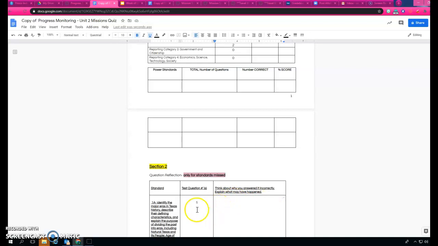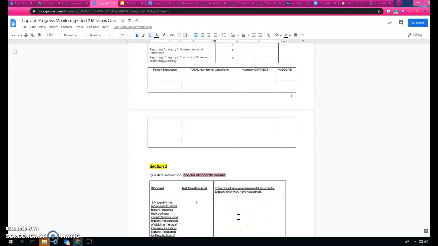So I'm going to look at number 5 on Mastery Connect, and I'm going to read it again to myself and decide, why did I answer this incorrectly? Was it something that I didn't understand? Was it a vocabulary word that I didn't understand? Was it that I got confused? What was the problem? I'm going to explain what happened over here in this box.